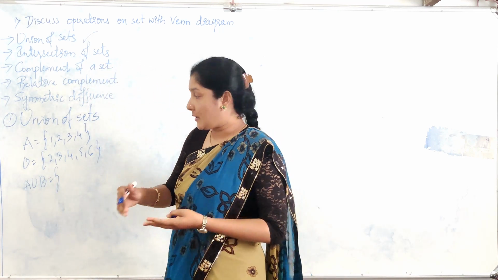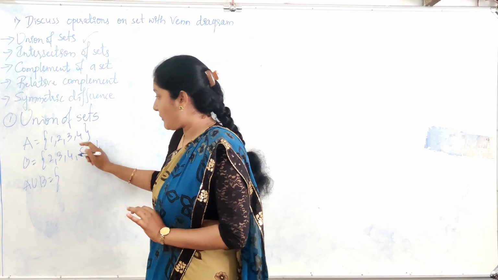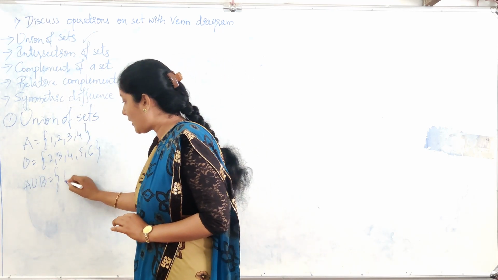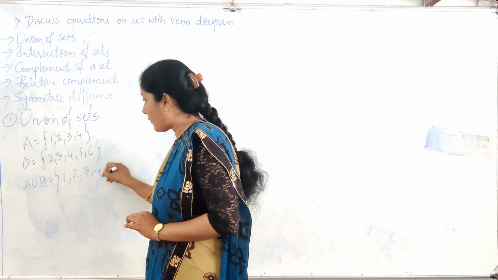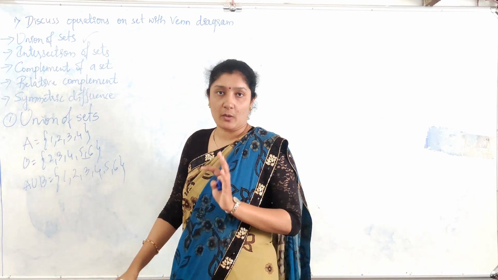We have to consider all the elements of A and B but without repetition. So A union B will be 1, 2, 3, 4 and 5, 6. So this will be the union.